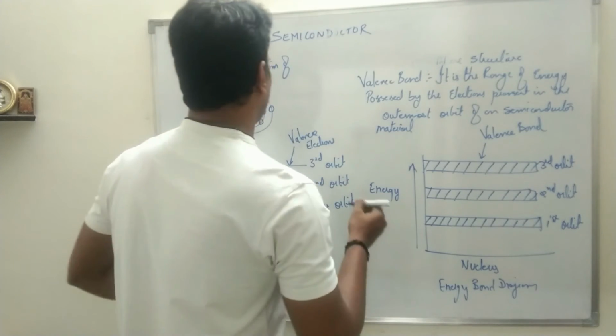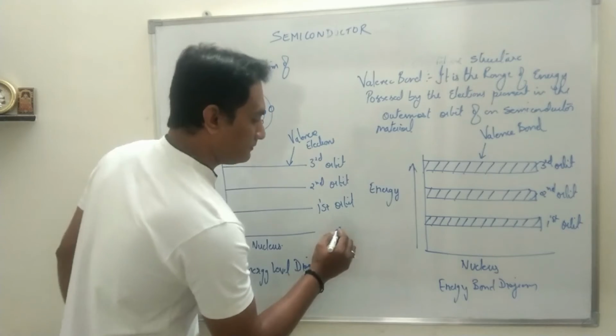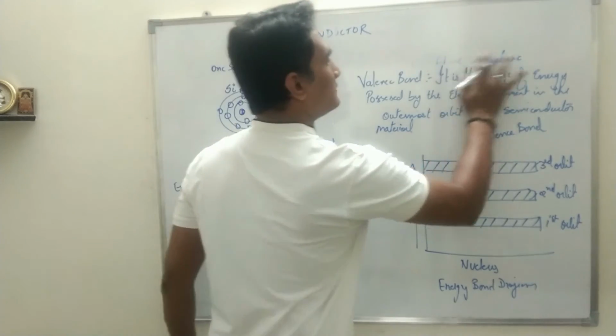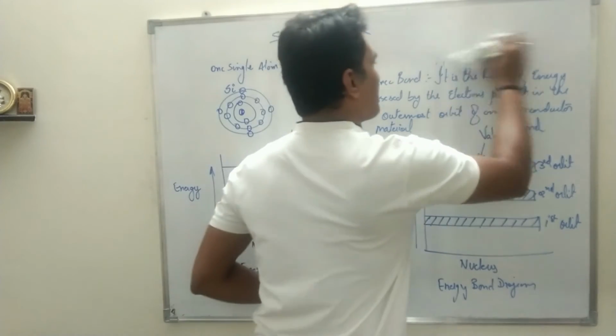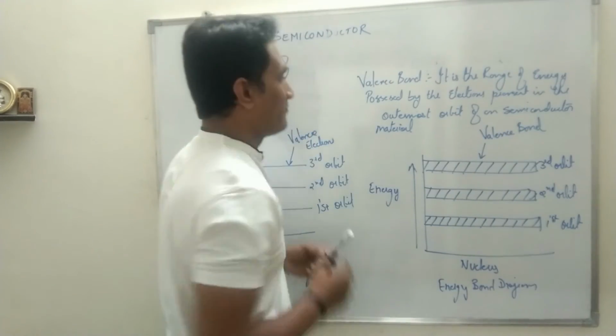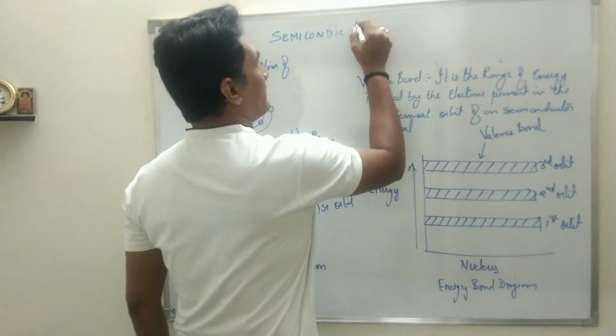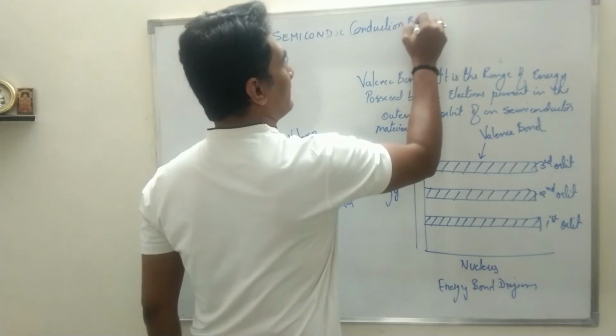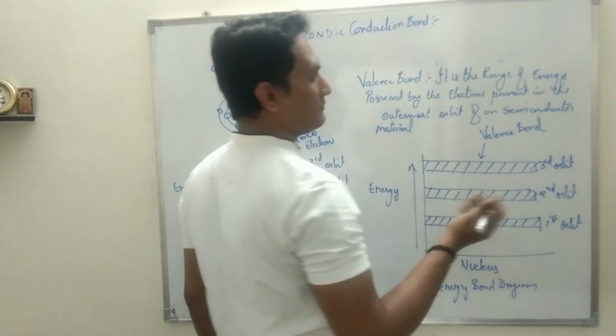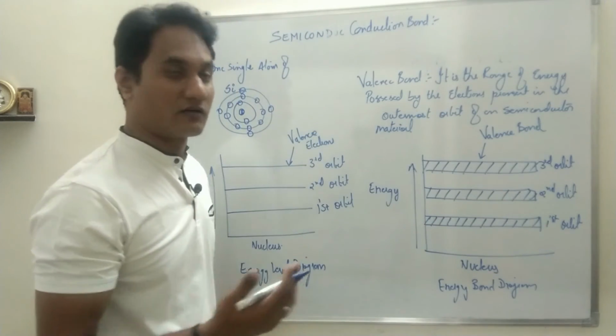Okay, so somewhere I will write the definition of conduction band. Conduction band, of course, means conduction electrons.